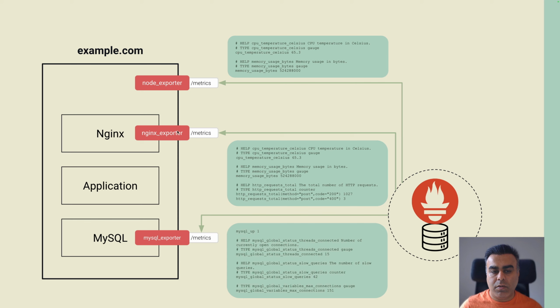So without writing code, we can just install some exporters and do some configuration, and Prometheus will collect those metrics on an interval and store them in its own database.